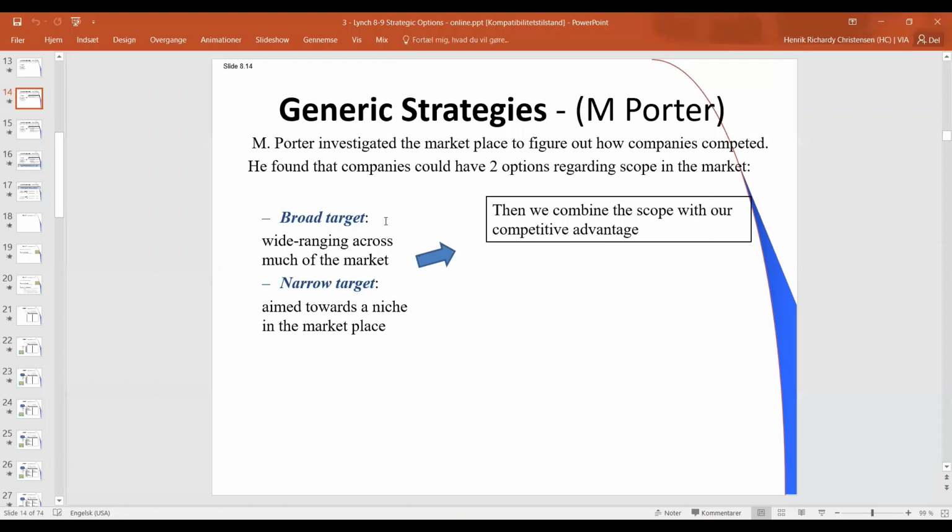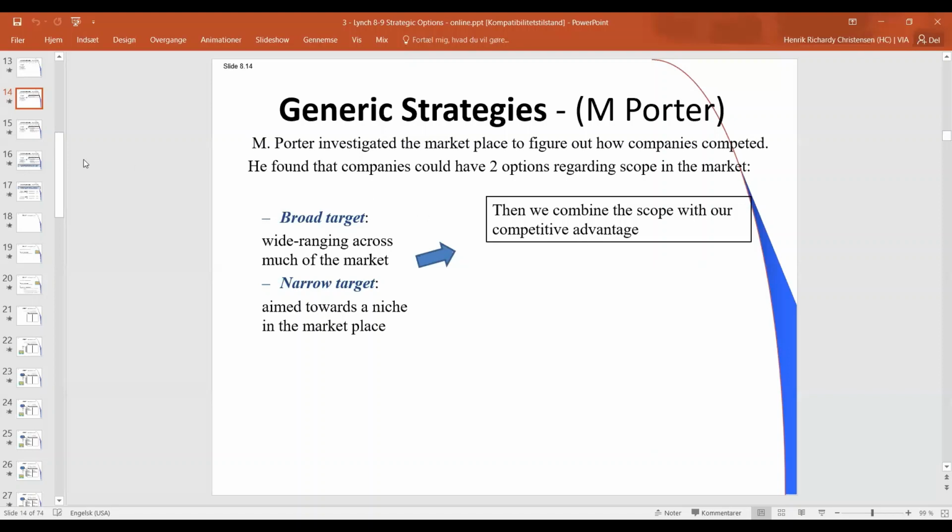It could be Coca-Cola, some of the brand names that we know. Coca-Cola has a very broad target. They're going really wide out into the market. Then we have to ask ourselves, if they really reach out to basically everybody and all different kinds of customers in the marketplace, how do they compete then?